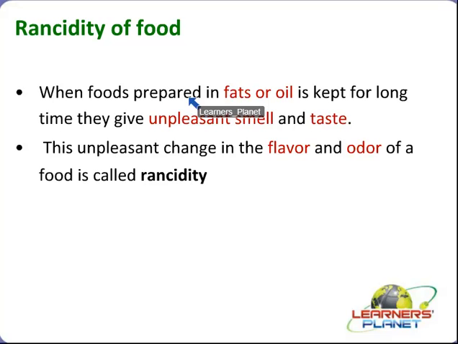Why? Because the oxygen present in the atmosphere reacts with the fats, and this unpleasant change in flavor and odour of food is called rancidity. The spelling of odour is wrong here. It should be ODOUR.